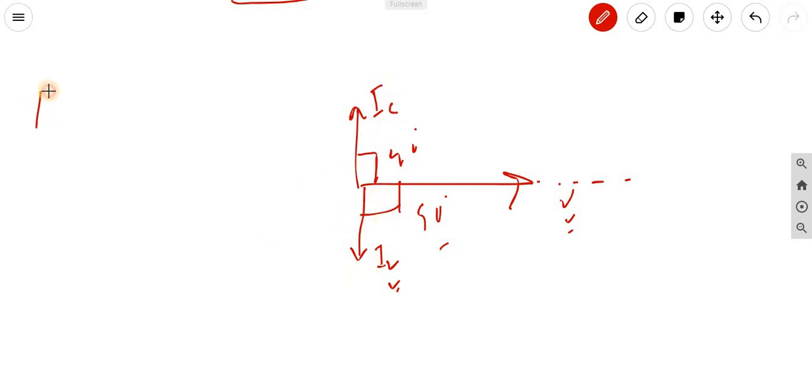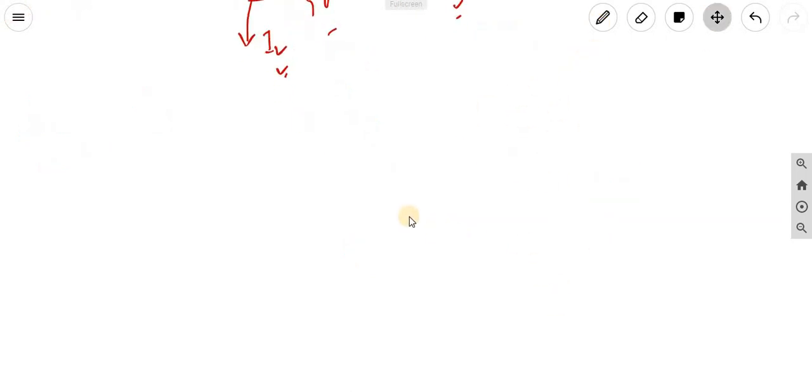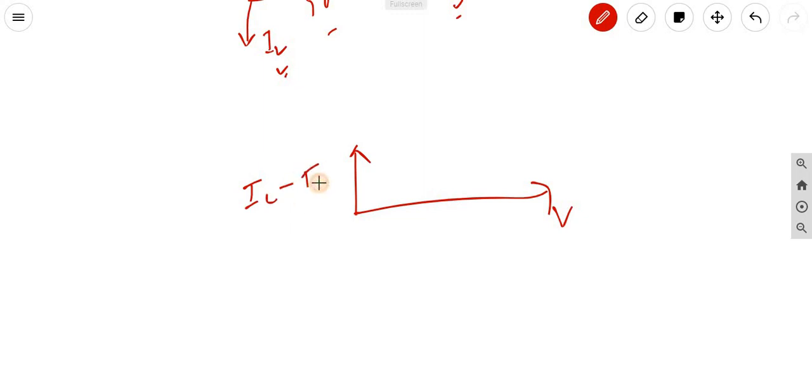But in some cases, it is not like that. Suppose we take IC greater than IL. Then the representation would be, for this V, IC minus IL. Okay, so this is the equivalent current.